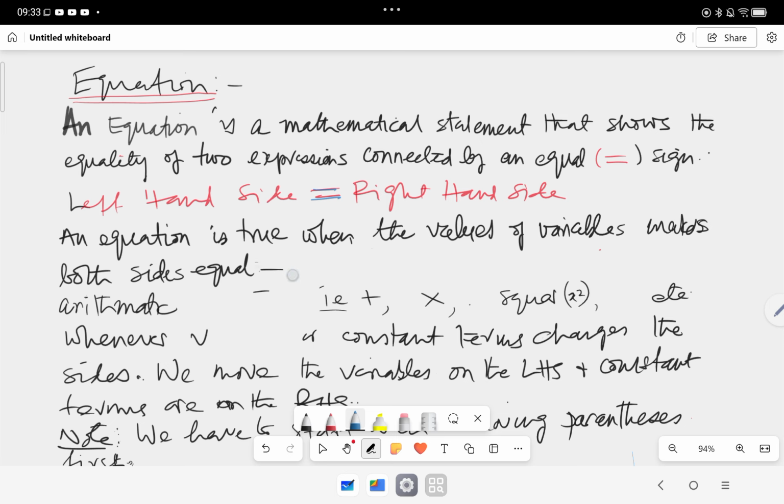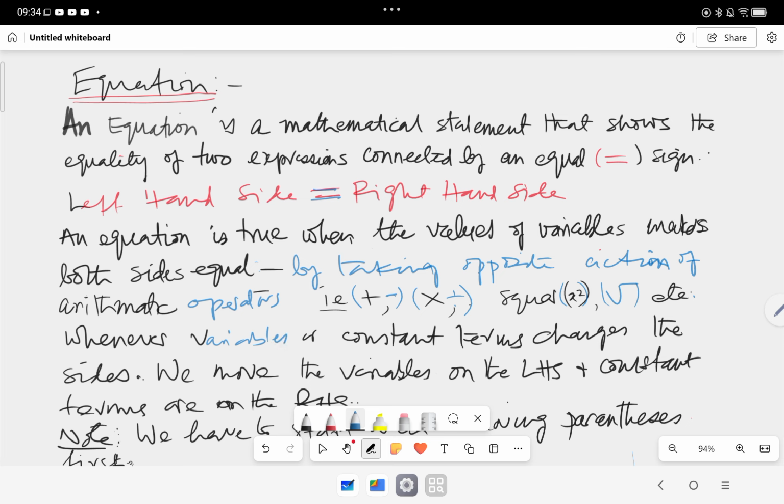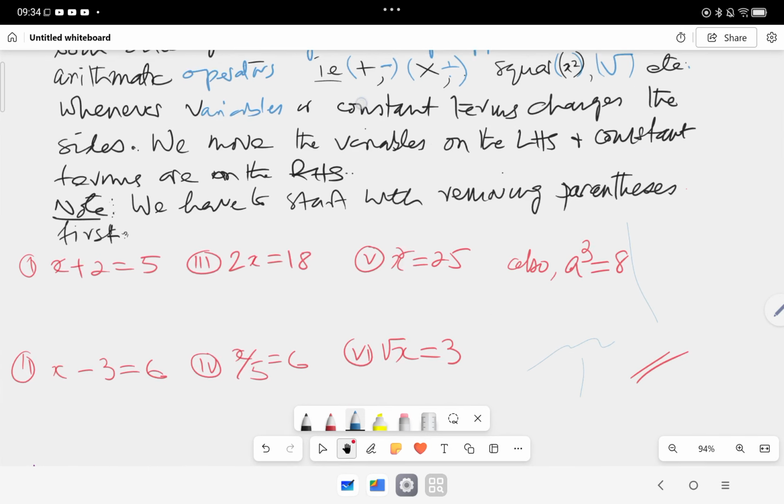That is by taking the opposite action of arithmetic operators, that is plus, minus, multiplication, division, a square and a square root, etc. Whenever variables or constant terms change sides, we keep the variables on the left hand side and the constant terms on the right hand side.